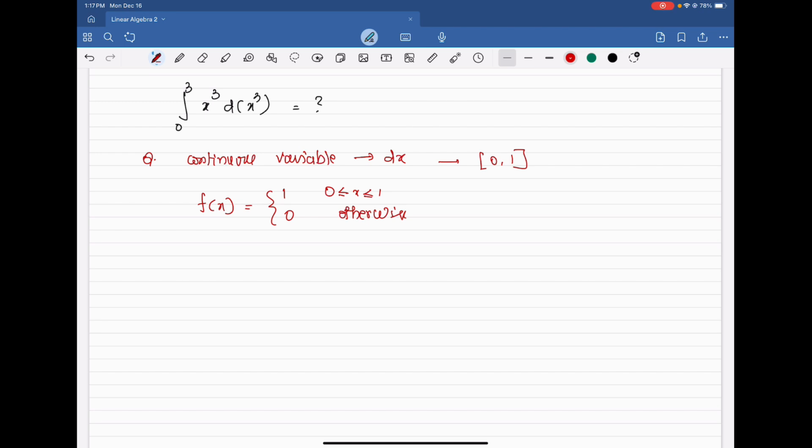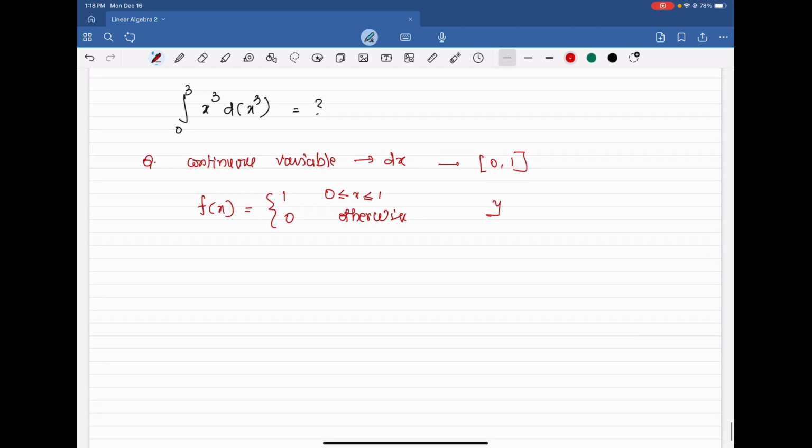And y is given as ln(x plus 1). It is asked to find the expected value of y.